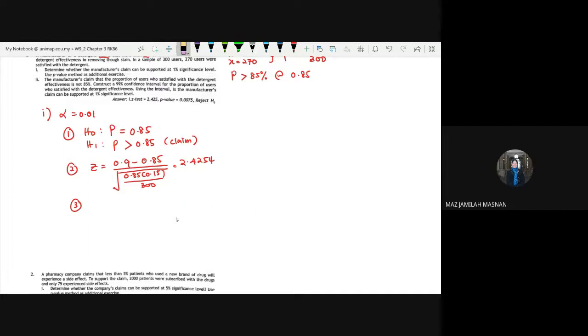Okay, then the p value. How to get the p value? Use 2.4254. For a right tail test, z equal to 2.4254 is this area.